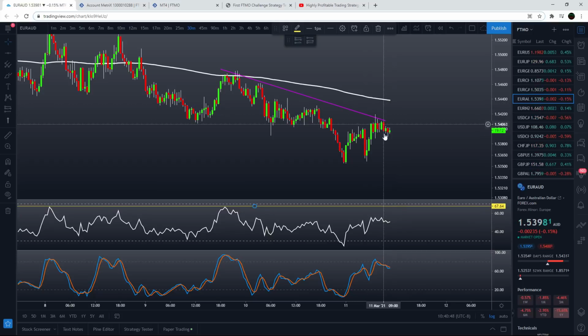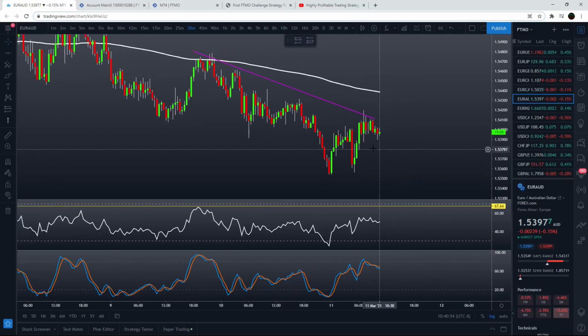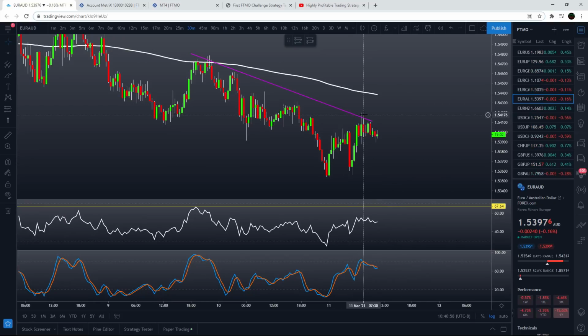No, we have a lower high on price but no higher high on RSI, so there's no hidden divergence. And remember, we're comparing pullbacks of the same magnitude to find hidden divergence. We're not comparing this pullback here to this little pullback right here, and we're not comparing this little pullback to this pullback. So same degree pullbacks in order to compare hidden divergence.